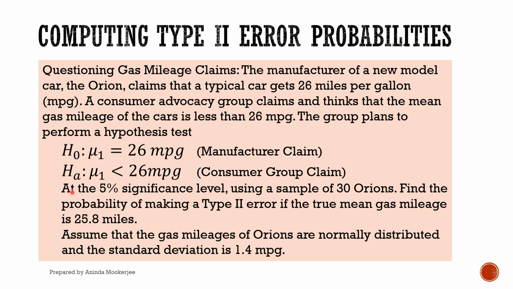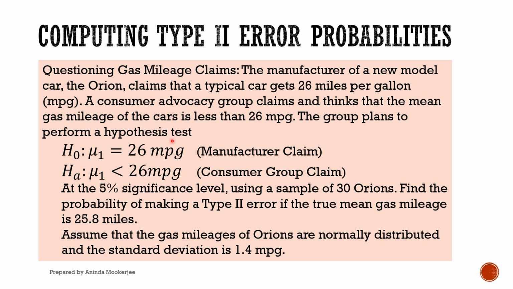So the question was, at the 5% significance level, using a sample of 30 Orions, find the probability of making a type 2 error if the true mean gas mileage is 25.8 miles. They are not asking us to perform a hypothesis test, but to find the probability of making a type 2 error given all this information.